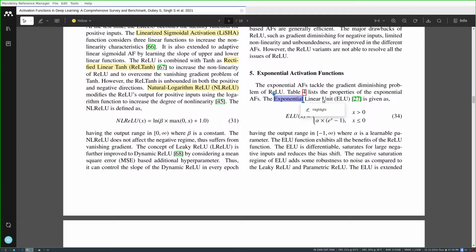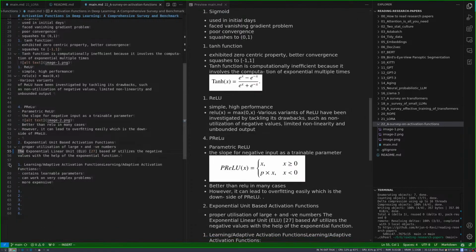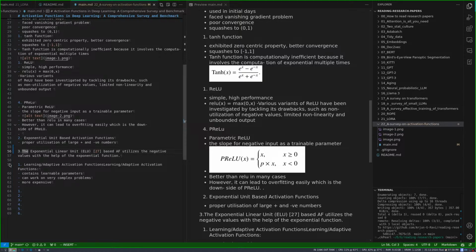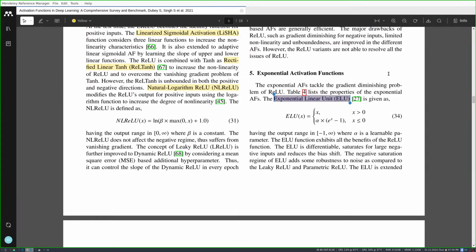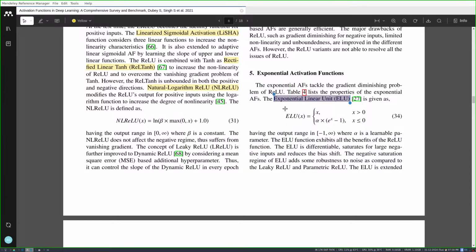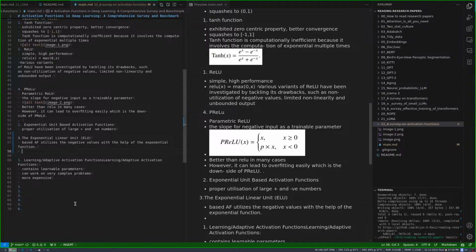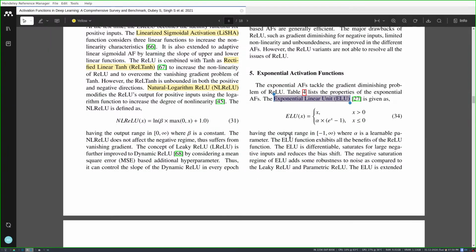Exponential linear unit, ELU. Having the output in this form, where alpha is a learnable parameter.